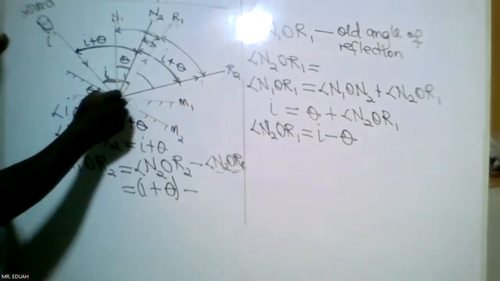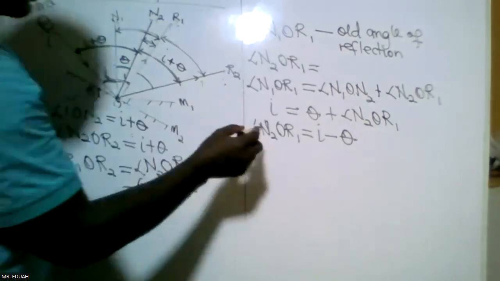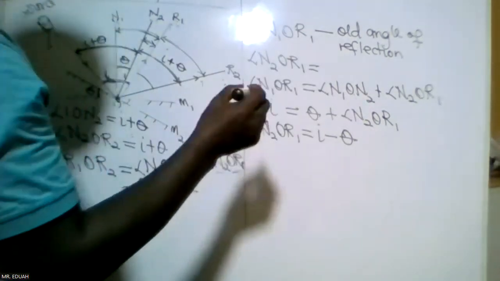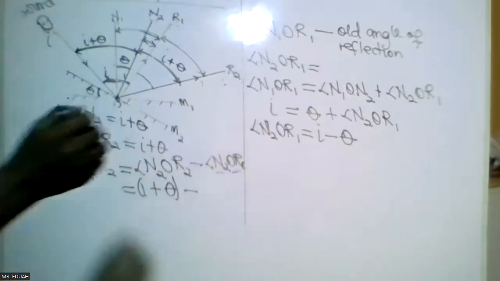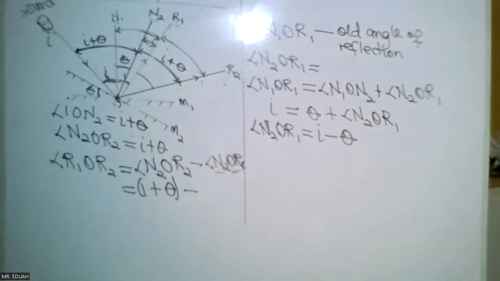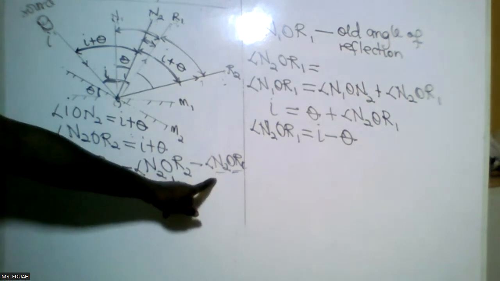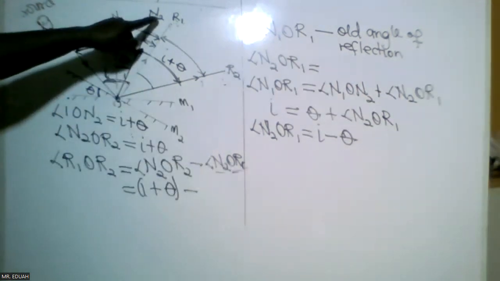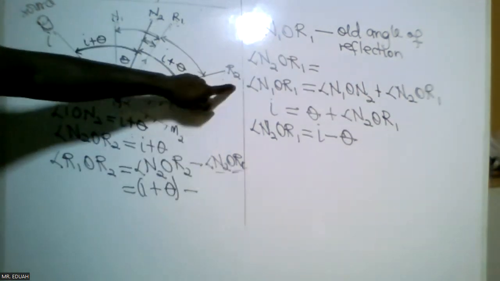R1 O R2. Angle R1... where is it? This one, angle N2 O R2.